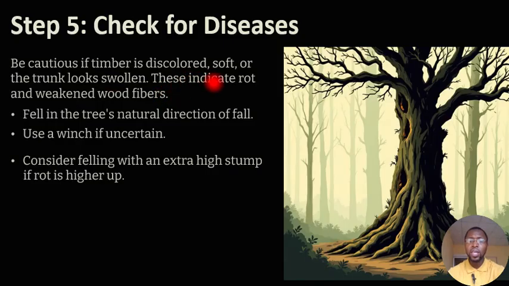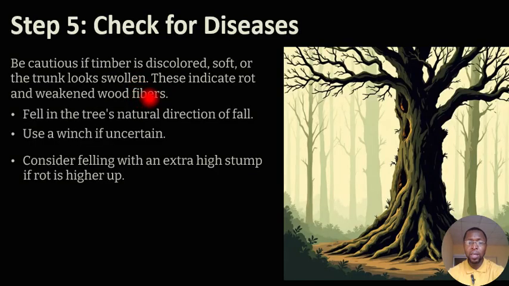In fact, when you have noted that the tree is discolored, soft, and swollen, it is better to quickly treat such a tree before the cutting takes place, so that you don't become a victim of such disease.